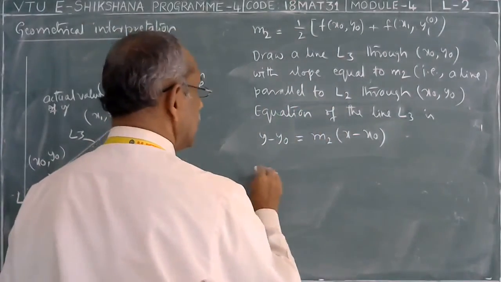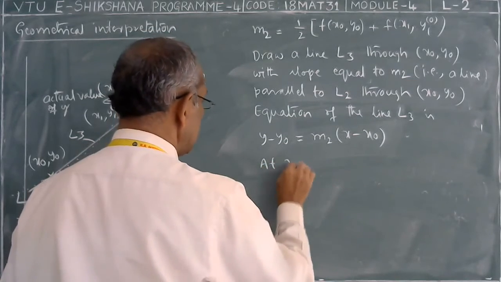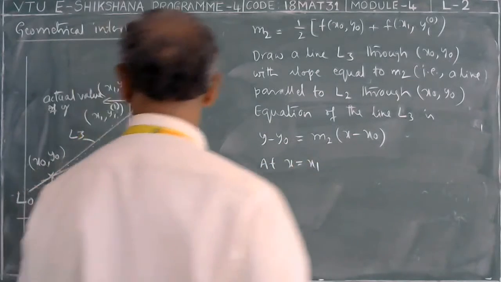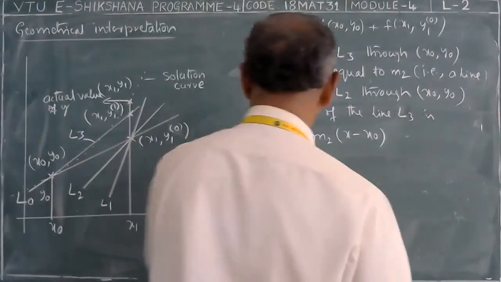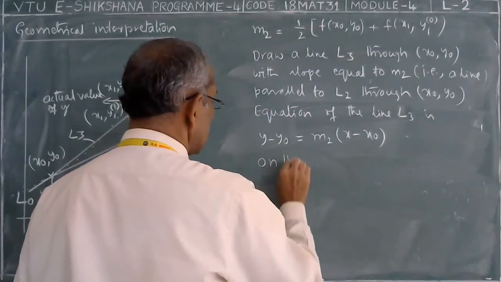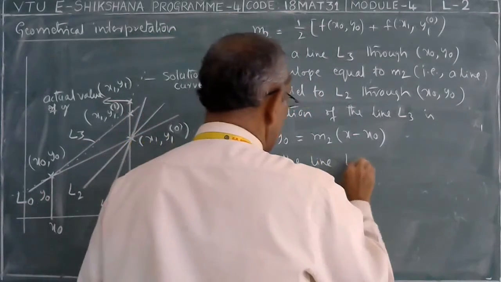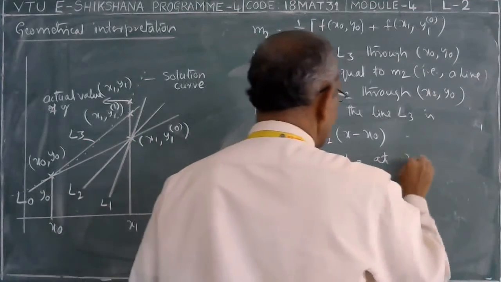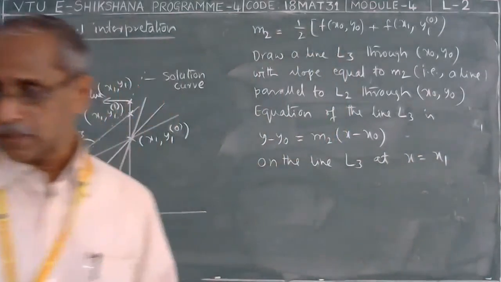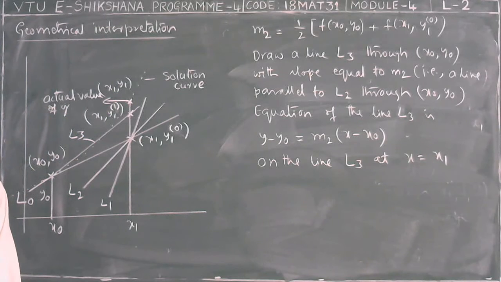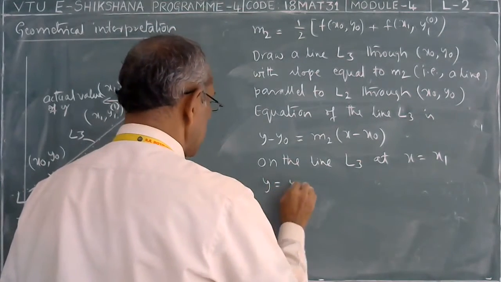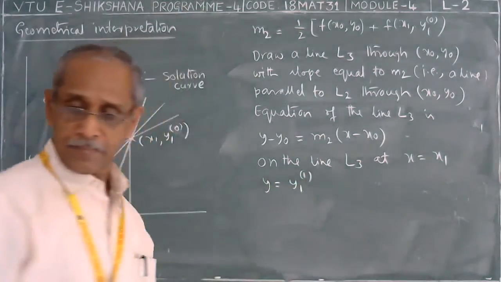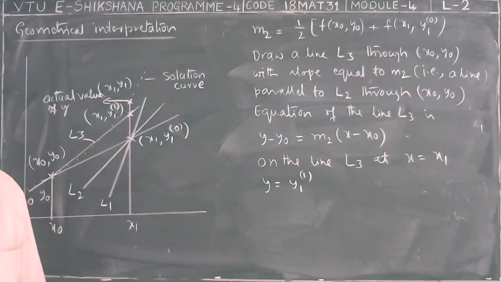So therefore at x is equal to x1 on the line L3, y is equal to y1 1.